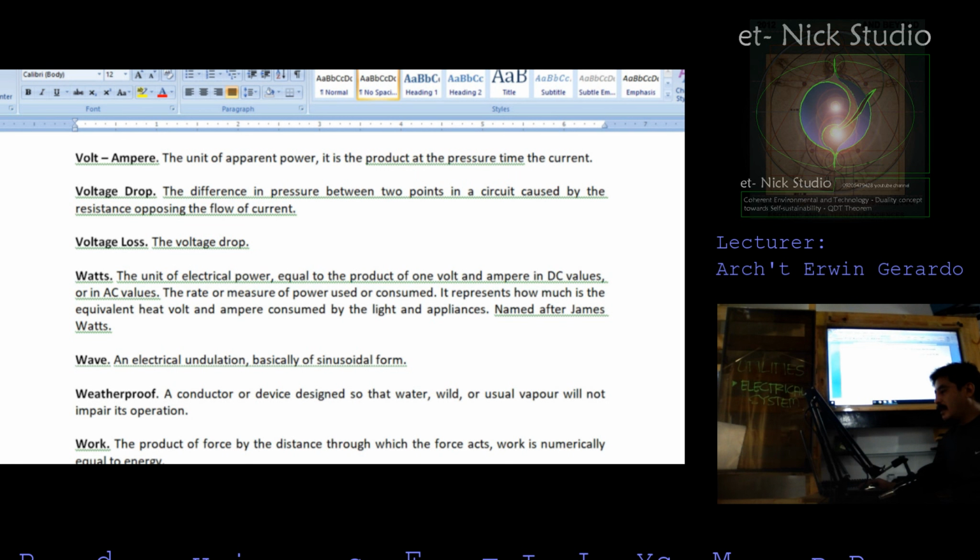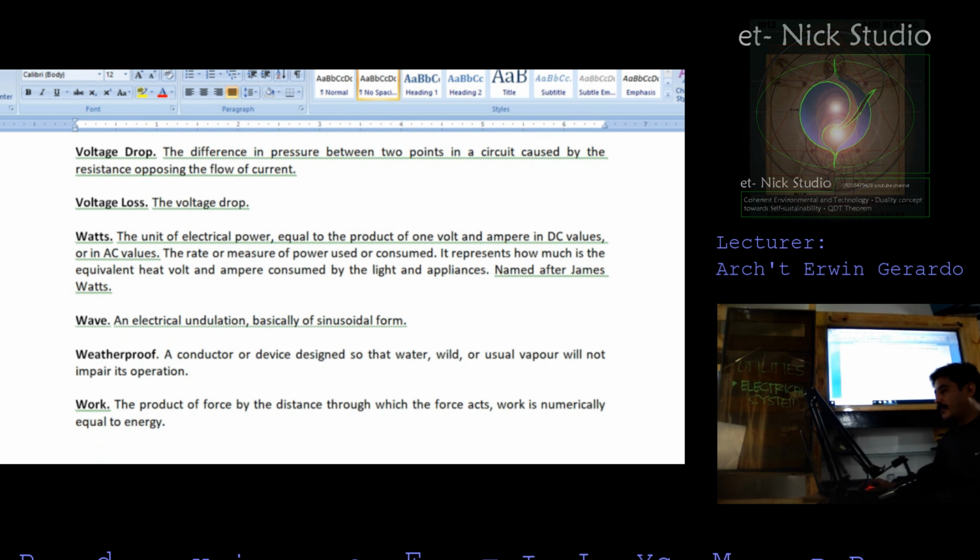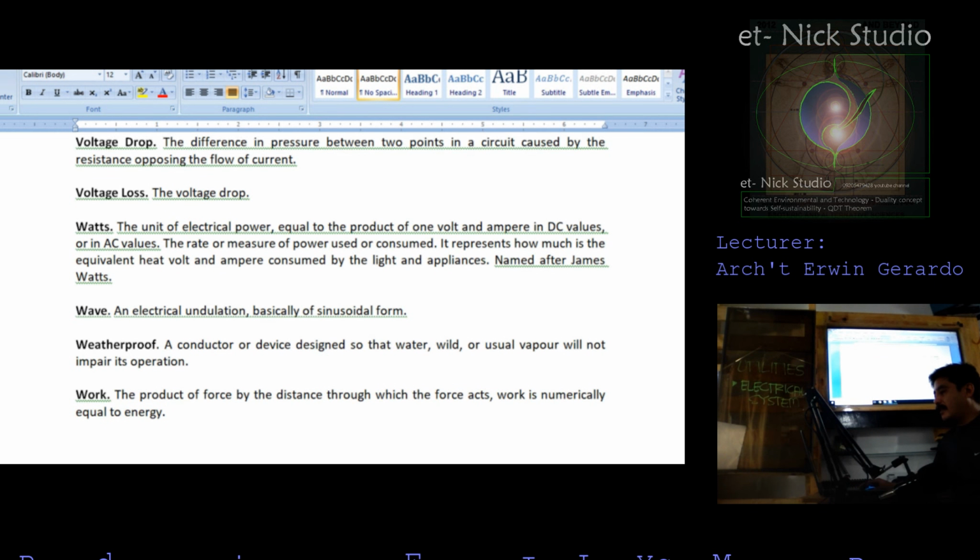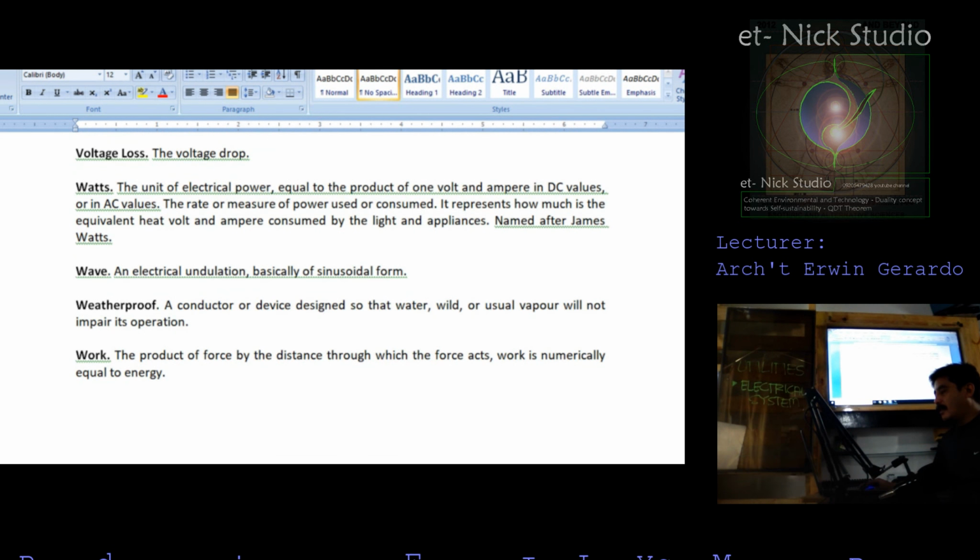It is the product of the pressure times the current. Voltage drop, the difference in pressure between 2 points in a circuit caused by the resistance opposing the flow of current. Voltage loss, the voltage drop.